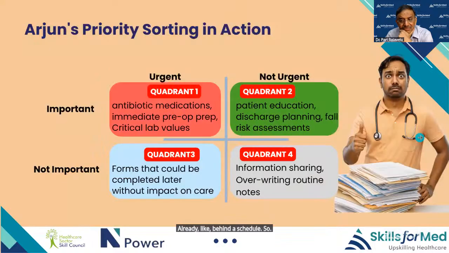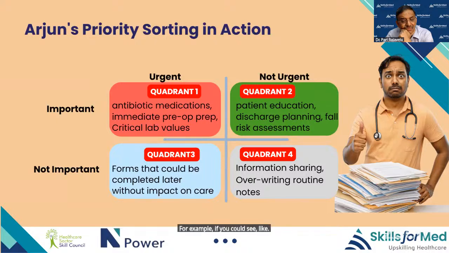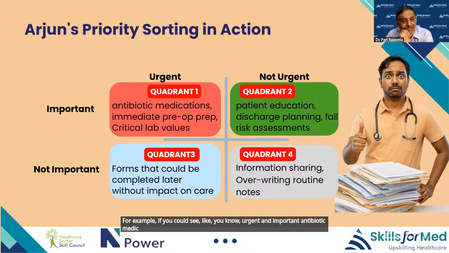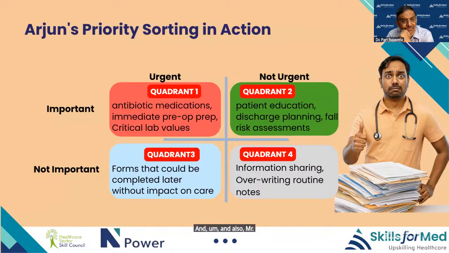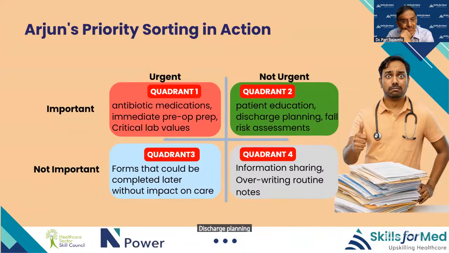After knowing this Eisenhower matrix, he was able to sort out and put all his actions. For example, urgent and important: antibiotic medications, immediate pre-op, and critical lab. This is just an example to show how you have prioritized things. Equally, in quadrant 2, he identified patient education, discharge planning, and fall risk assessments, for which he can allot time.